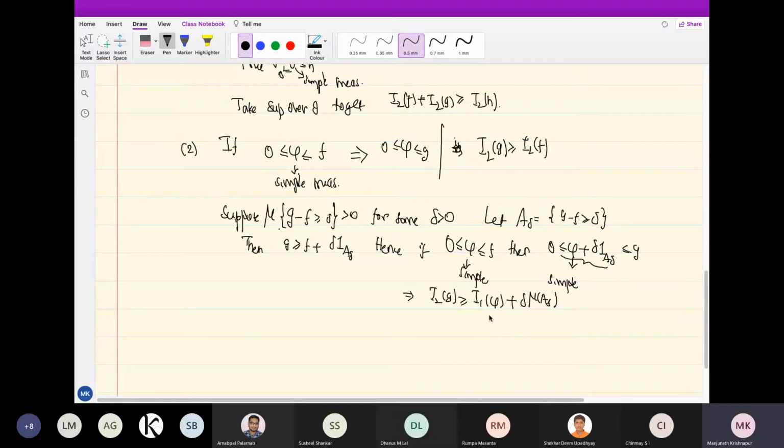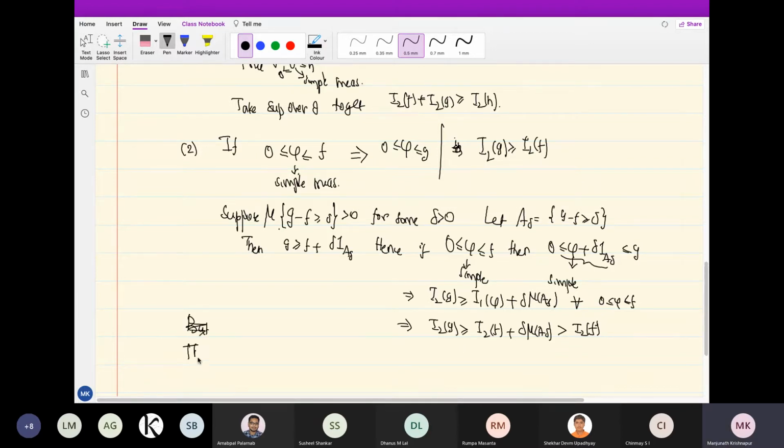And this is true for all phi sandwiched between 0 and f. So take the supremum over phi to see that I2 of g is greater than or equal to I2 of f plus delta times mu of A delta, which means that it is strictly bigger than I2 of f. But we are given I2 of g is equal to I2 of f, so this is a contradiction.